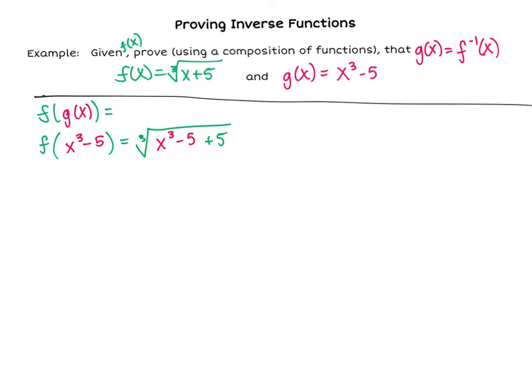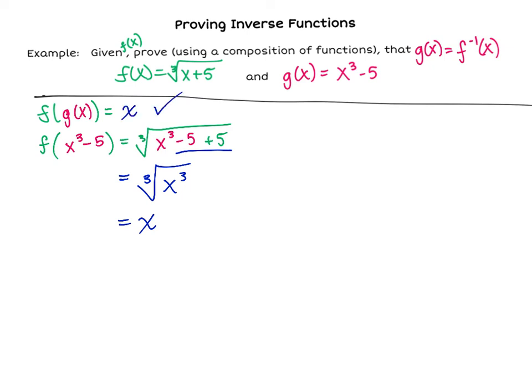So now I need to just simplify this, and I can simplify negative 5 plus 5 since there's both under the cube roots. So that leaves me with cube root of x cubed, and cube root and cube just simplify and cross out. So I'm left with f of g of x is x. So this one is good.